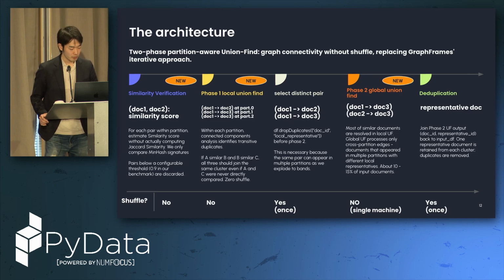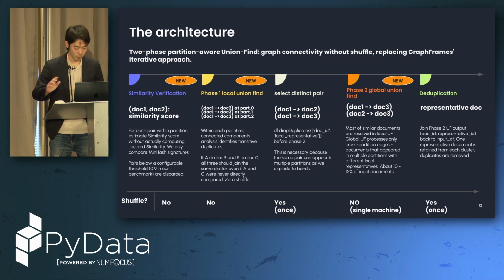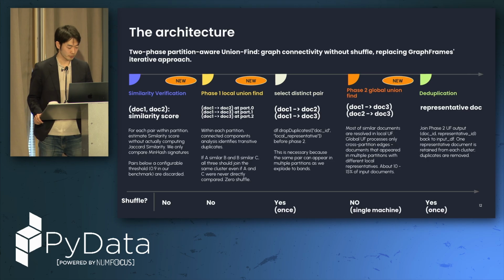Right, part 2 is all about partition-aware union find to deal with the graph connectivity. So we're gonna start with similarity verification. From the previous step, we have a document pair, document 1 and 2. For each pair, within the partition, we can estimate the Jaccard similarity score without actually computing Jaccard similarity, as I explained earlier.